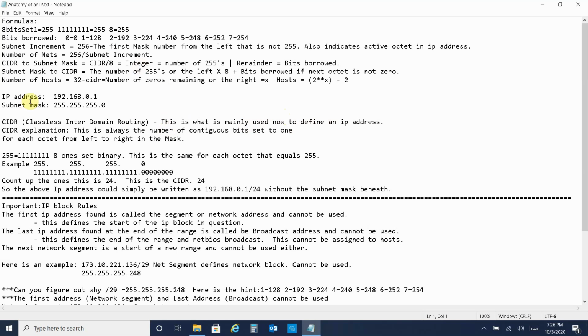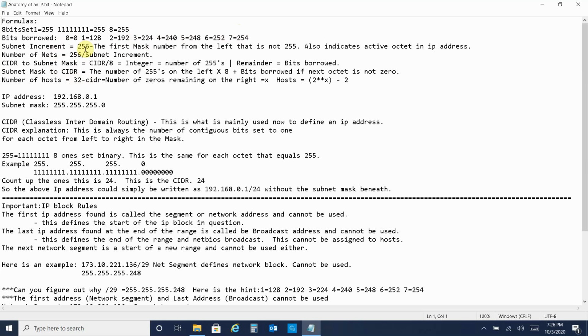So these are the only formulas you're going to need. I compiled these for you, and you can see these. One of the most important ones is this one, bits borrowed. And you only have 7 things to memorize. This is going to make a lot more sense once we get into this.